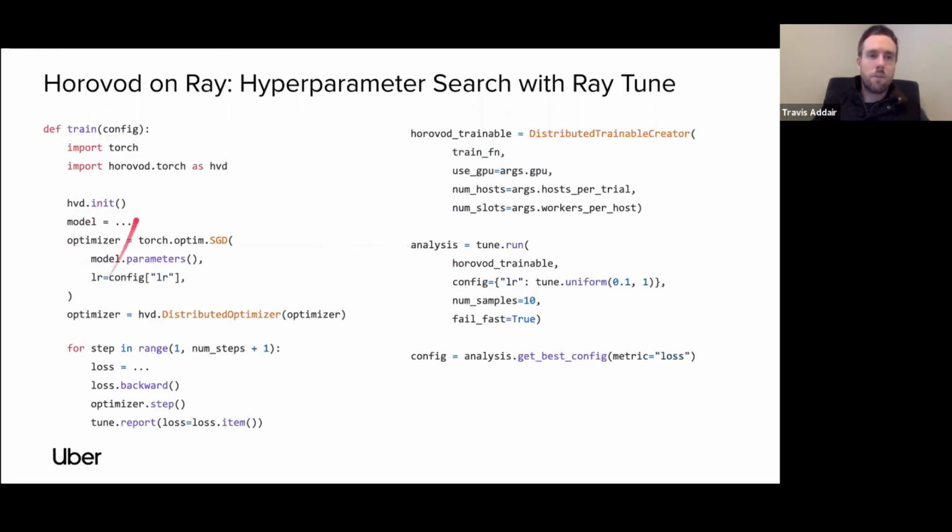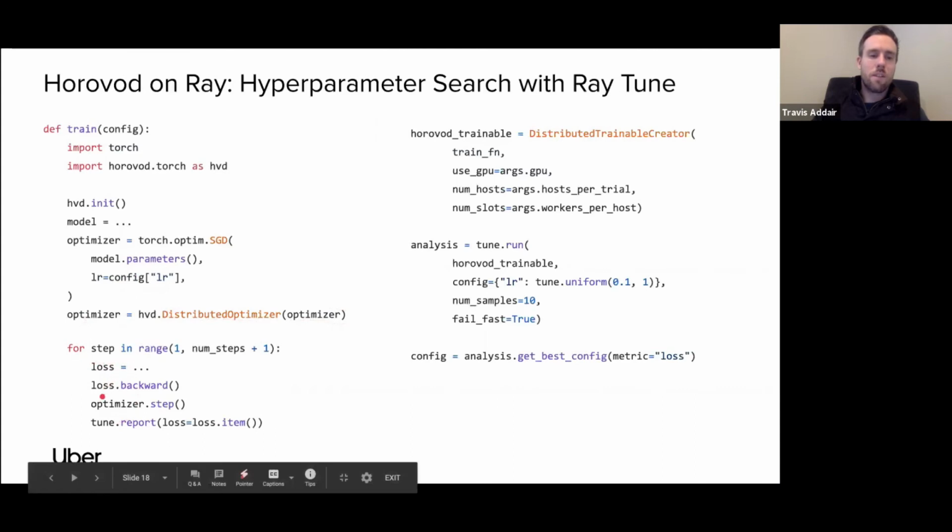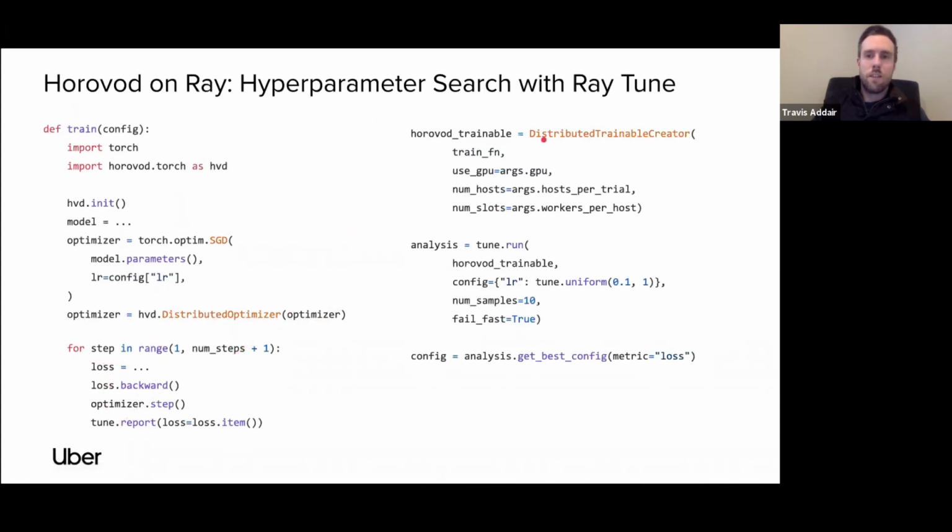And here we're going to construct a model. We're going to use the Horovod API. So we have this distributed optimizer here that wraps our optimizer. Here you see the learning rate from our config. And then we do our normal training process, report the loss at the end of each step. And then this distributed trainable creator here will define how our Horovod job is going to be instantiated.